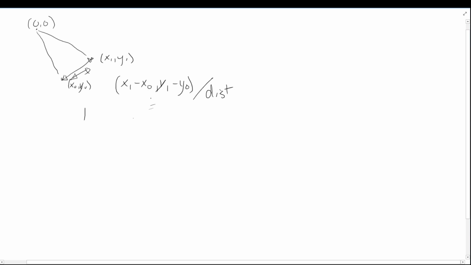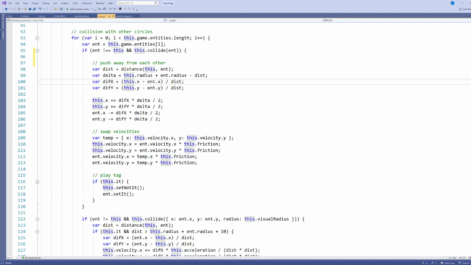And so that's what we're going to do here, is we've done the difference here, and then we divide out by the distance or the length of the vector. So that's going to give us our unit vector, and the diff x is going to be the distance in the x coordinate or in the x direction, and diff y will be the distance in the y coordinate, again normalized to a unit vector.